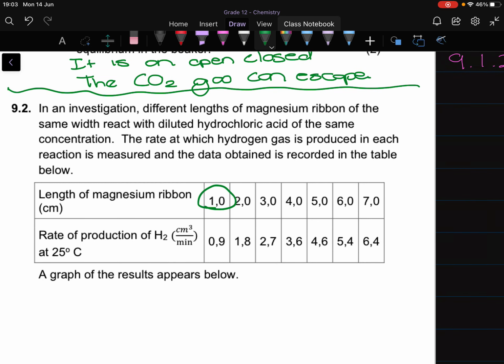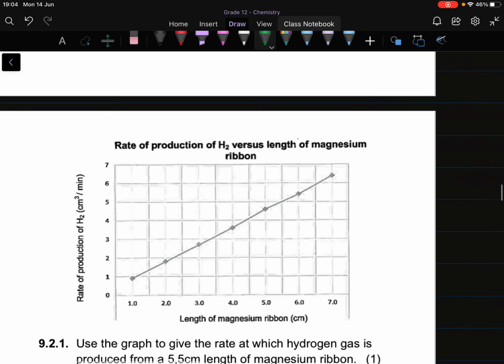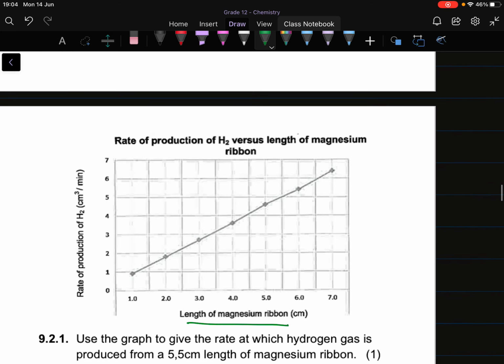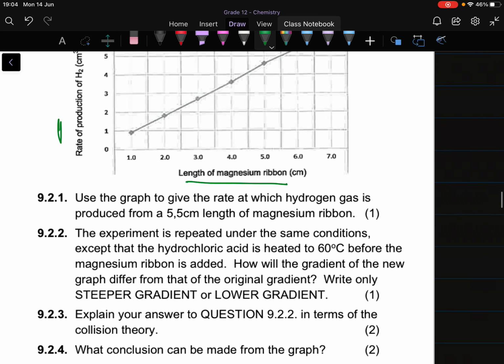So what we have here is the length of ribbon, and this is the rate per minute. So if we look at it, the longer the ribbon, the faster the rate. We get a bigger volume per minute. That's what we're saying here, okay? And here's the graph. Length of ribbon, rate of production, and you can see it's not quite a straight line, but it's a good enough line.